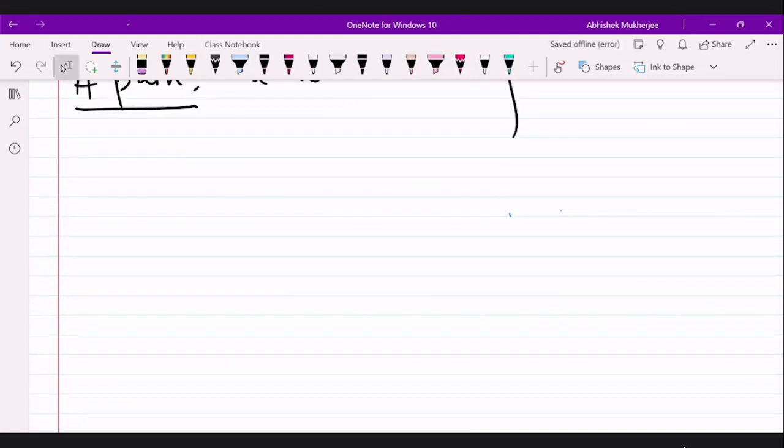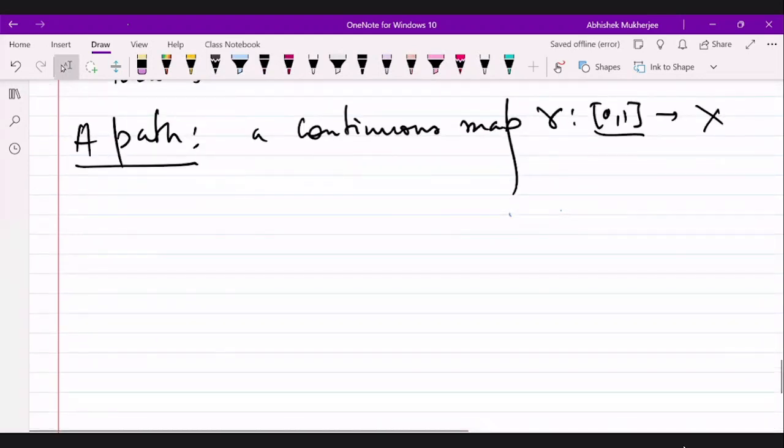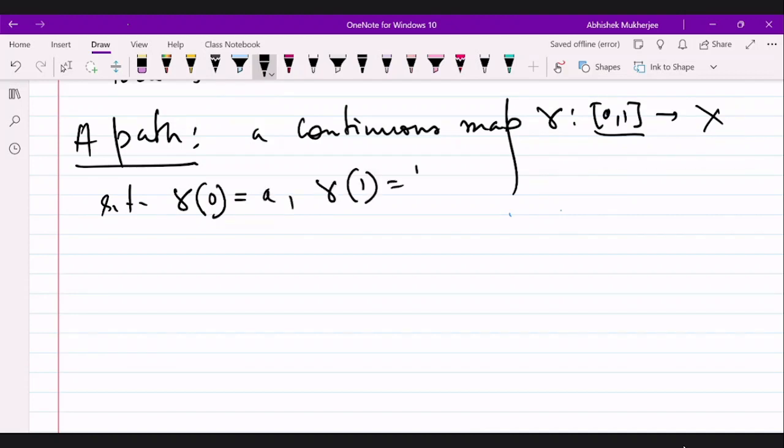So gamma is a path, meaning a continuous map, but we are looking at paths having endpoints A and B. So gamma of 0 is A, gamma of 1 is B. The initial point is A and the end point is B.